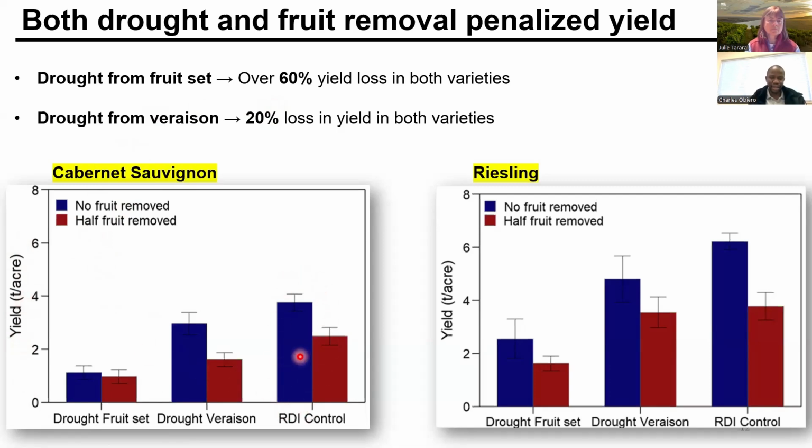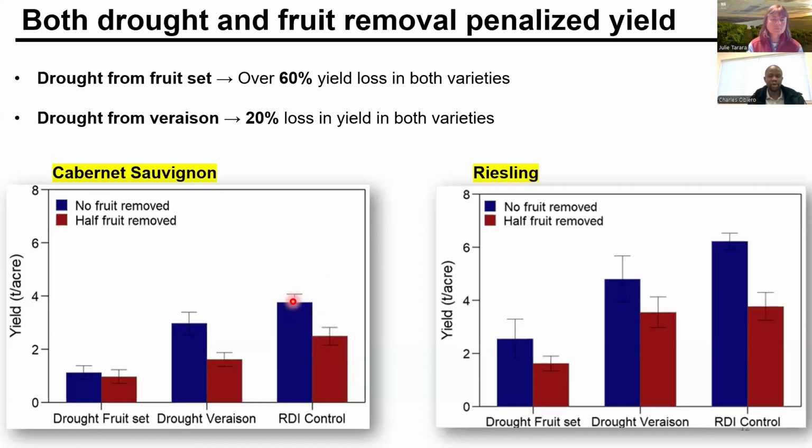On the far right, on that same graph, is the RDI control, which is our industry standard. And the blue ones, if I get the color correct, is where I did not remove the fruit, and the red ones is where we had removed the fruit.